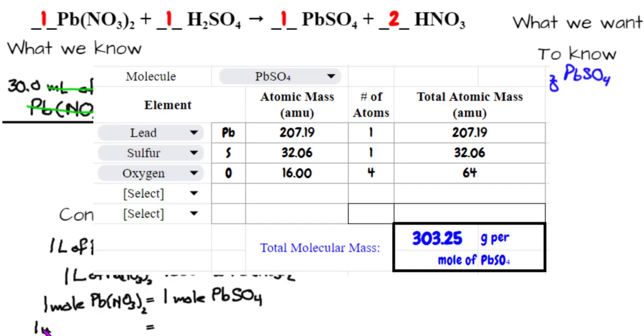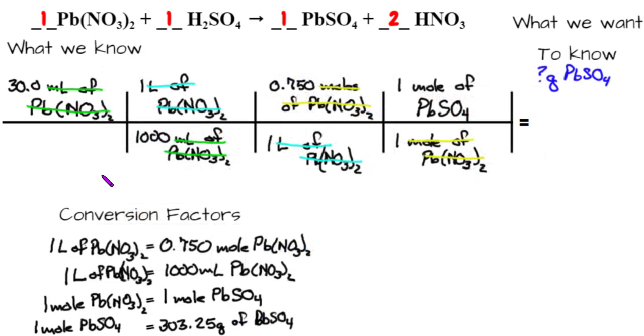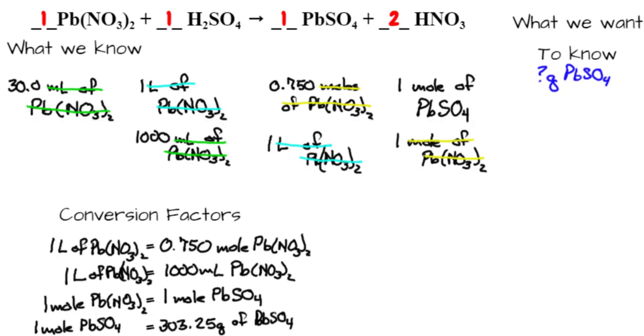So 1 mole of PbSO4 is 303.25 grams of PbSO4. I need 1 more conversion factor. This is a long one.